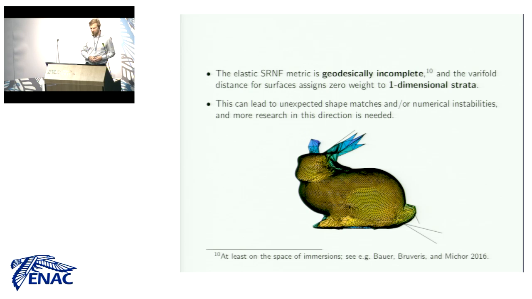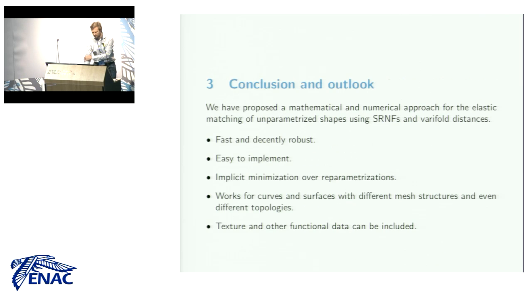Some of this might actually be an optimal match because the varifold distance doesn't see objects of lower dimension, like strata of low dimension are not seen by the varifold distance. So some collapses, I mean there are better examples than this, but some collapses are optimal. Yeah, and then there are some instabilities.